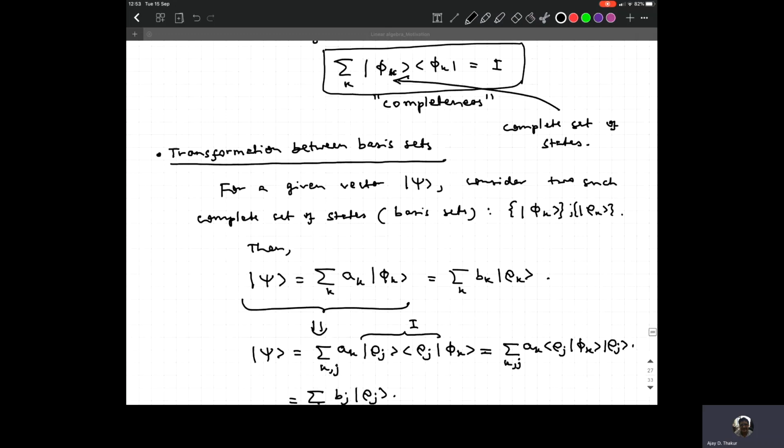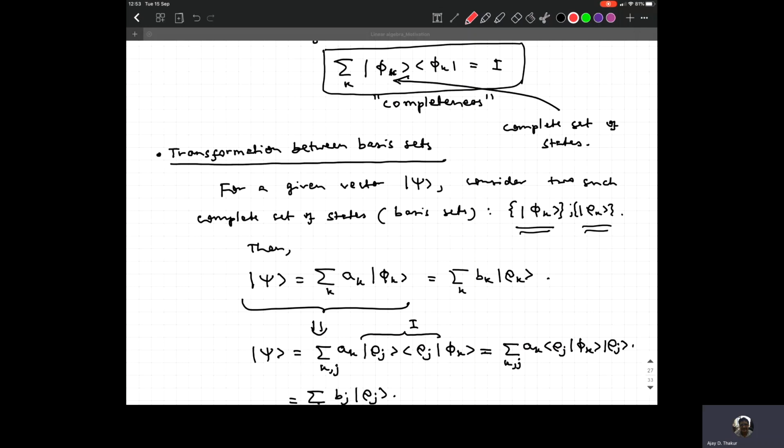So the next thing that is relevant here is to understand the transformation between basis sets. Last time we saw that these basis sets need not be unique. So you can get a set of basis sets, each of which could be used to span the linear vector space. Let's assume that we have a particular ket vector psi, and we are expanding it in terms of basis sets which are phi k and rho k respectively.